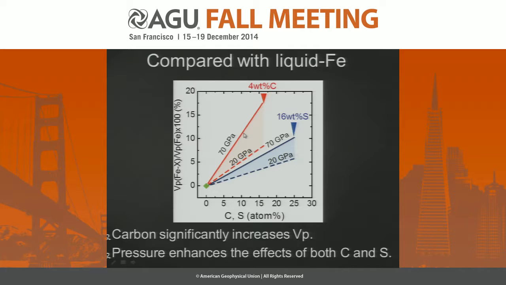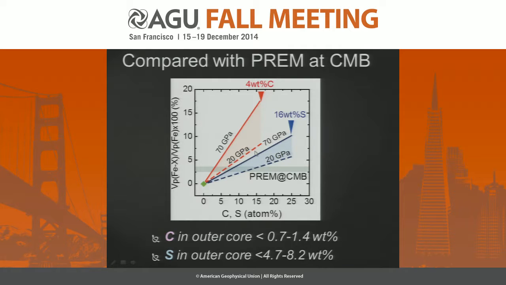In addition, with increasing pressure, the sound velocity may increase a little bit for both elements.